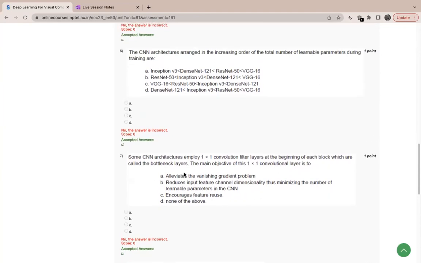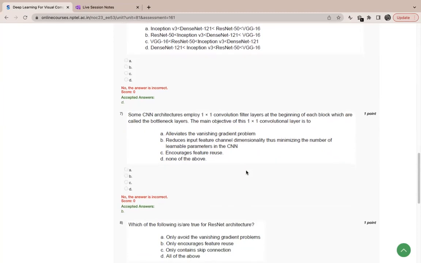But here the correct sequence would be DenseNet 121, Inception V3, ResNet, and VGG16. VGG always has the highest number of parameters. Since ResNet adds skip connections, it doesn't have as many parameters as VGG. Inception and DenseNet have lower numbers of parameters.